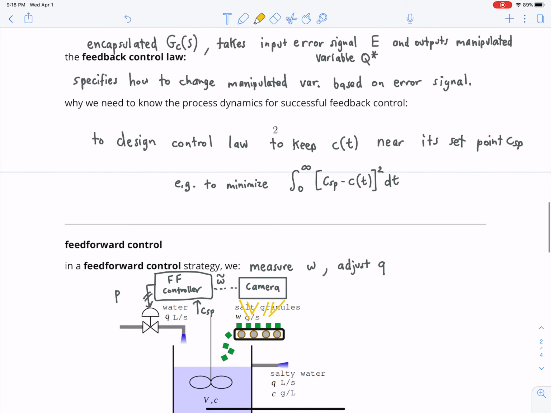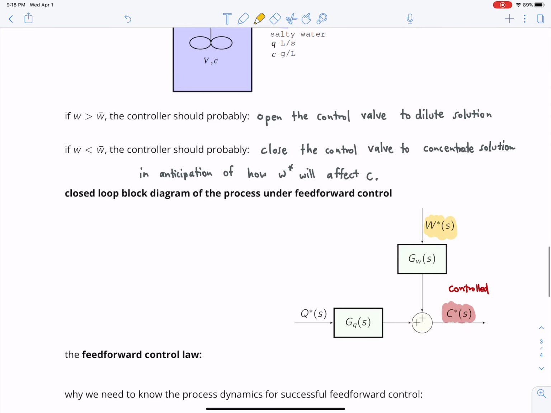Sorry, measure the disturbance variable. Okay, so here, this is fed to the feed-forward controller.